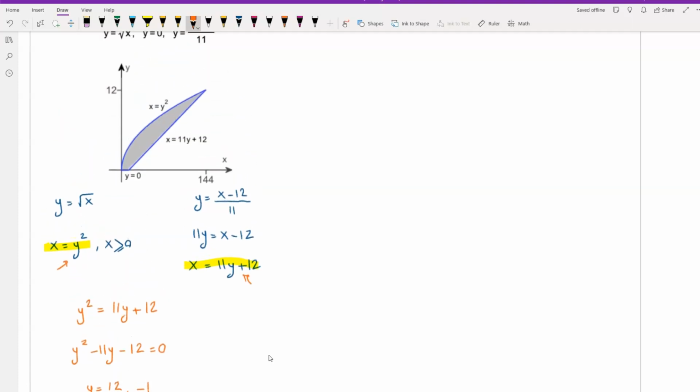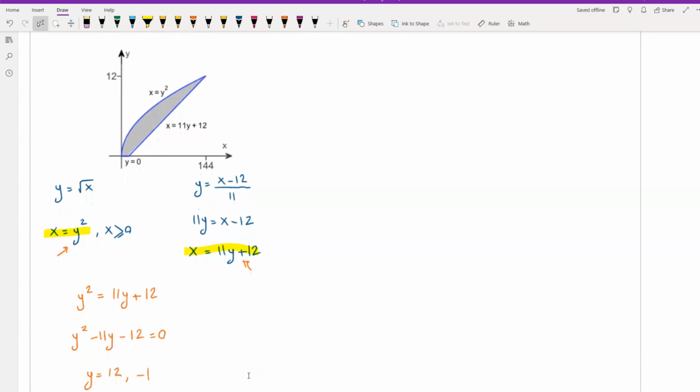So this is our graph. And in this case, when y is equal to 12, x is 144. So here I use this one, y equal to 12.